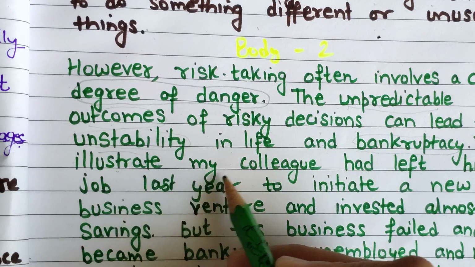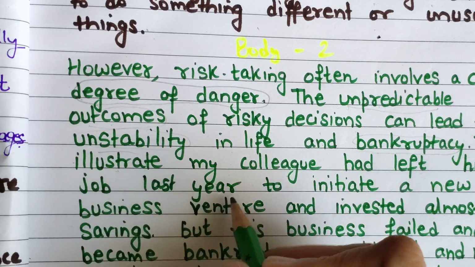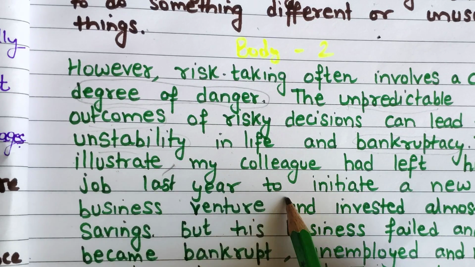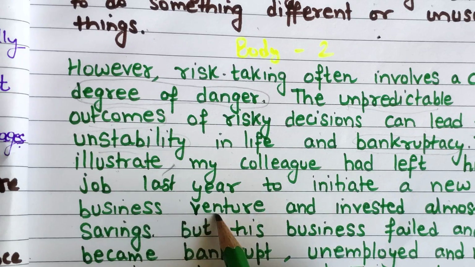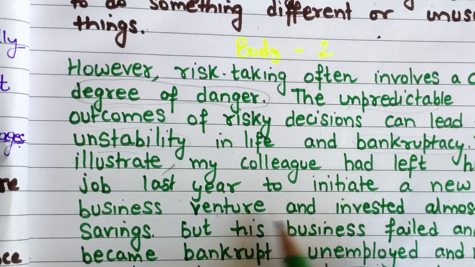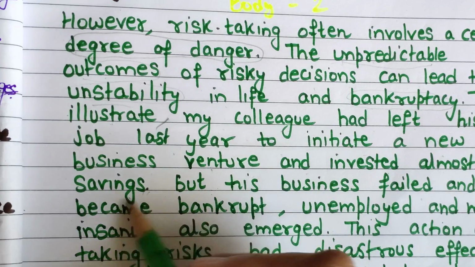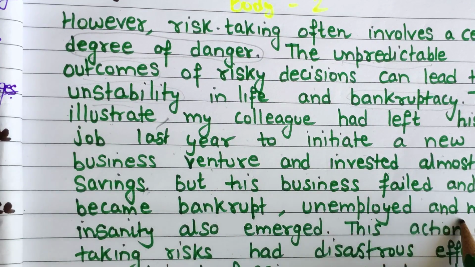To illustrate, my colleague left his job last year to initiate a new business venture and invested almost all his savings. Okay, but so this is not a full stop, but this business failed and he became bankrupt, unemployed, and mental insanity also emerged.